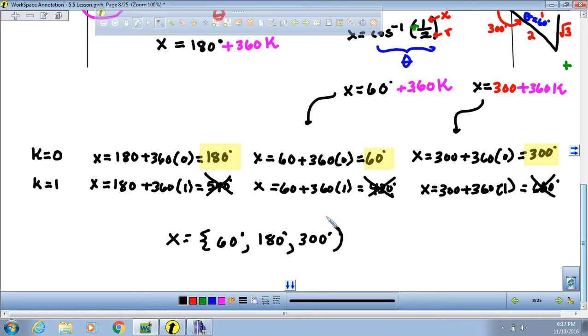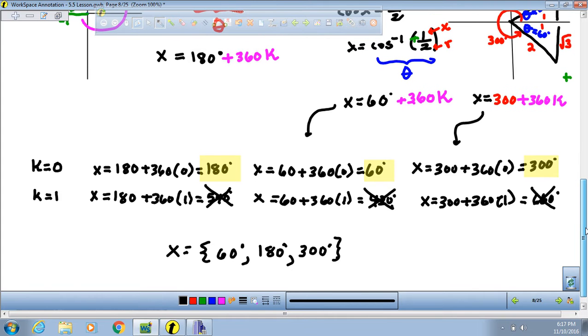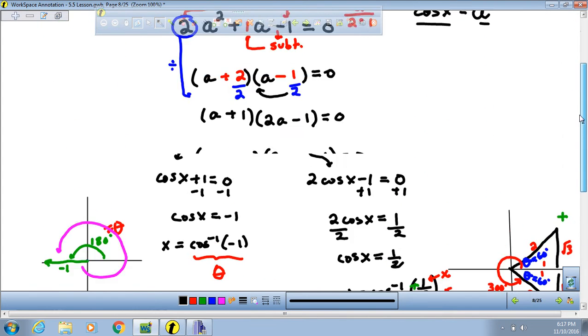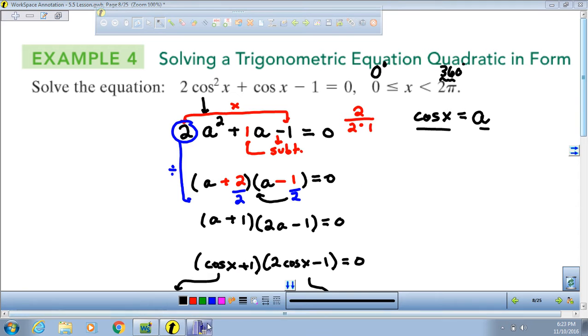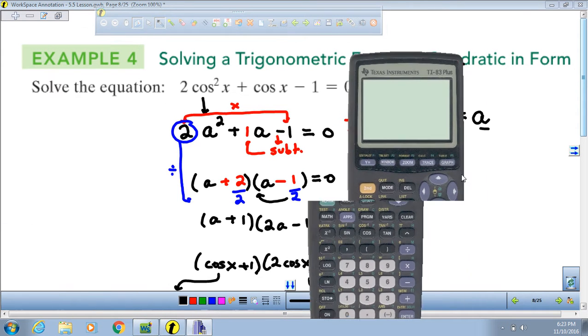And you can check the solutions by substituting them into the original equation or by using the calculator to see if it is true. For example, if I put the whole equation in the calculator, you can actually do it.